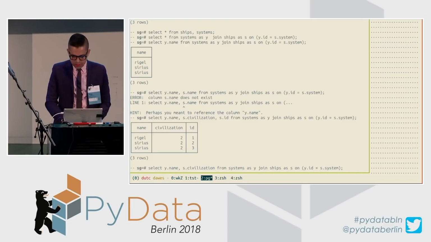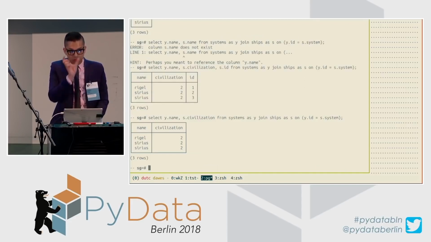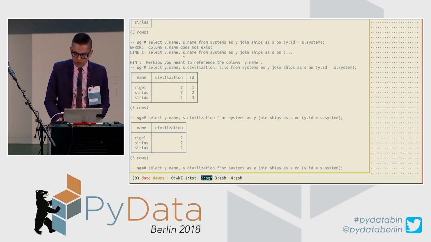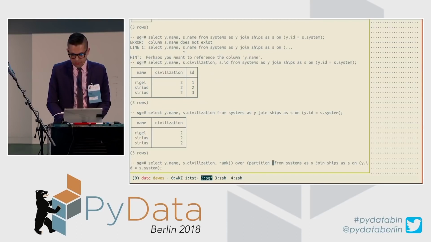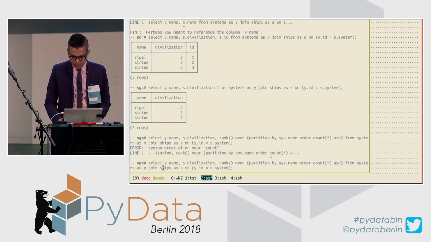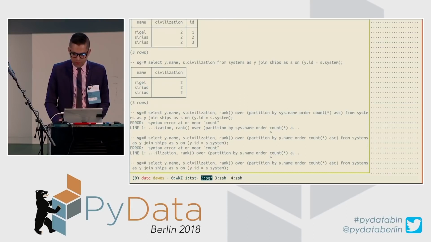So let me show you this. One of the things I want to do is figure out who has the most ships in which area of space. So I'm going to use a window function. I'm going to take this information and compute the rank over a partition of it, partitioned by the system name, and that's ordered by.